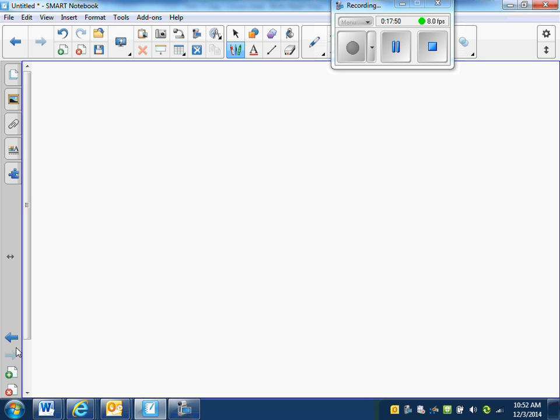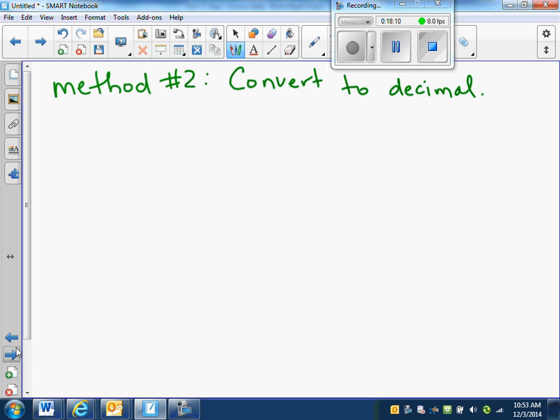Okay? So another method too, I think a lot of you will find easier, but you need to know both methods, is convert to a decimal.